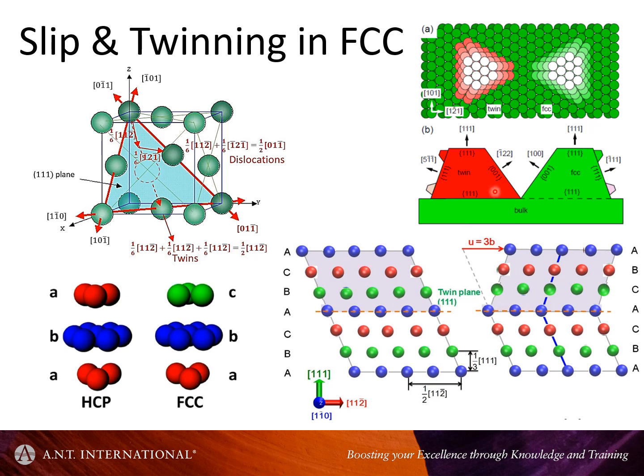Sometimes it's a little bit odd. For instance, what would have been equivalent of a 111 plane in the parent material is actually a 511 plane in the twin, if you think about the same orientations and or equivalent orientations, like this face here.